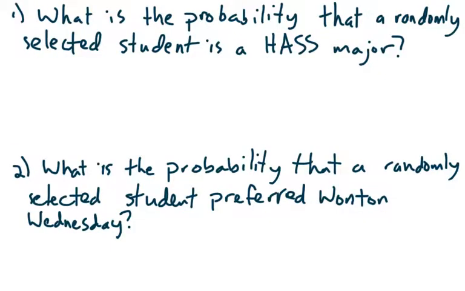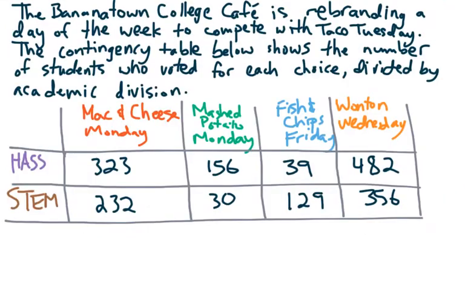Number 1. What is the probability that a randomly selected student is a Haas major? In order to answer this, we have to figure out how many of all of these students were Haas majors. We need totals. We need to figure out how many we have when we add up all of these different preferences among all of our Haas students surveyed.